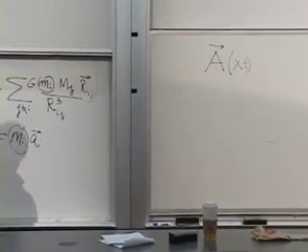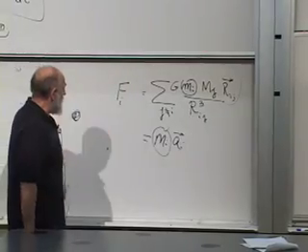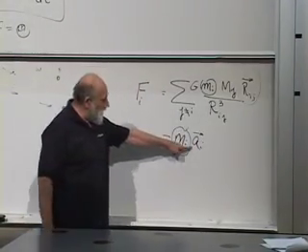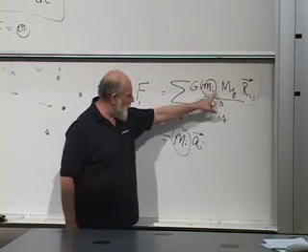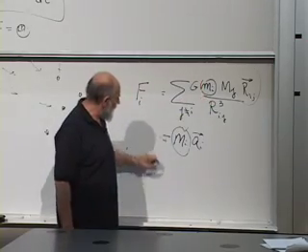We know what the force on the ith particle is. The force on a particle is the mass times the acceleration. So if we want to find the acceleration, let's take the ith particle to be the test particle. Little i represents the test particle over here.